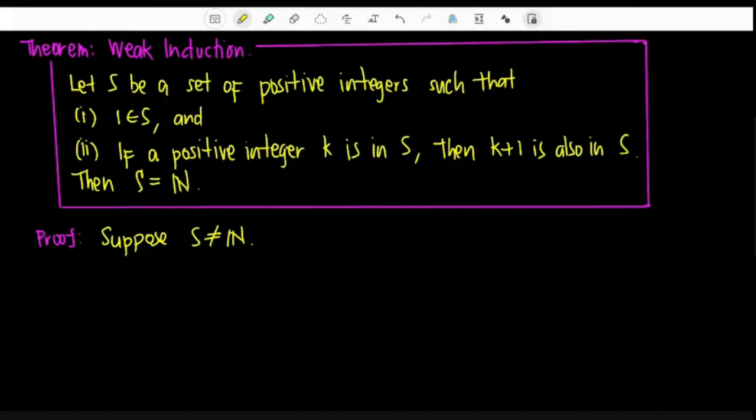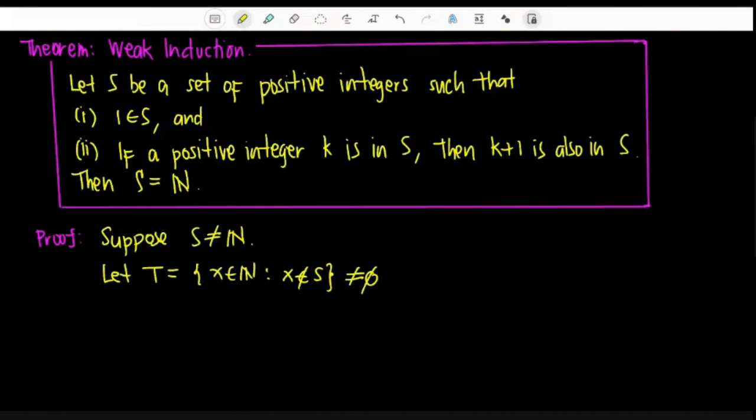So let's collect all of those elements and call it T. So let T be the set containing all natural numbers that are not in S. Now, take note that T is not empty, because if T is empty, then all x is in S. But S is not the set of natural numbers.